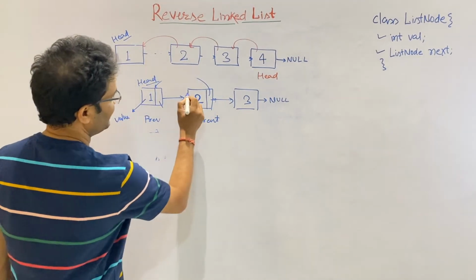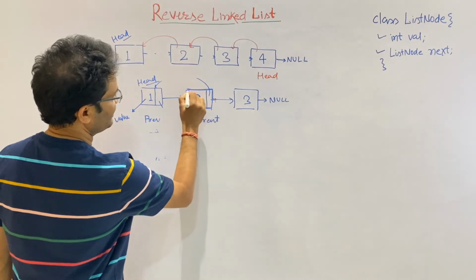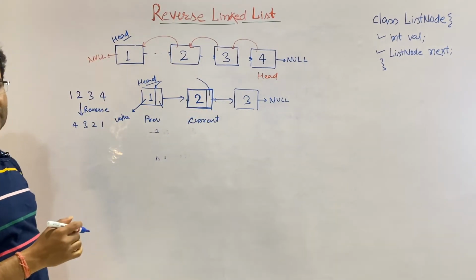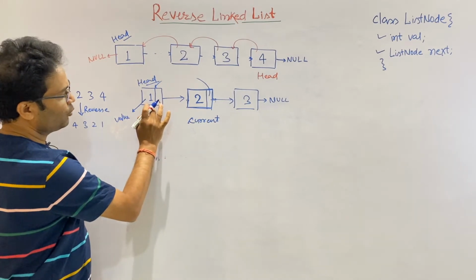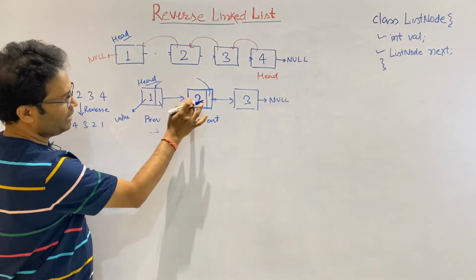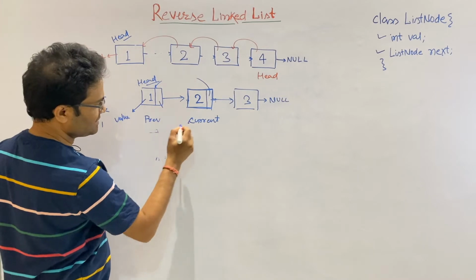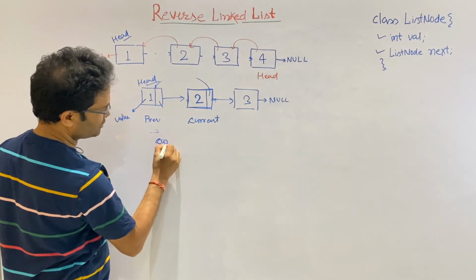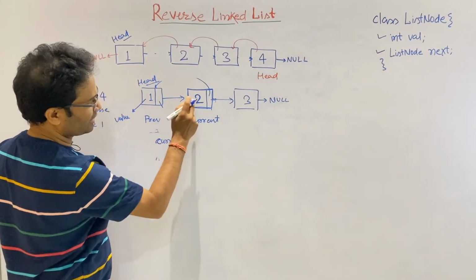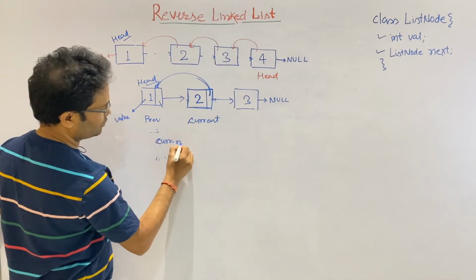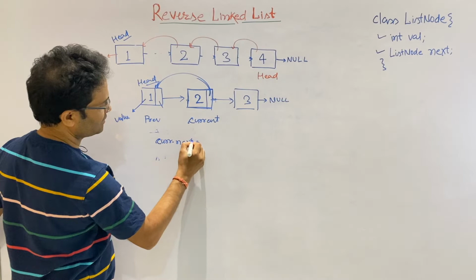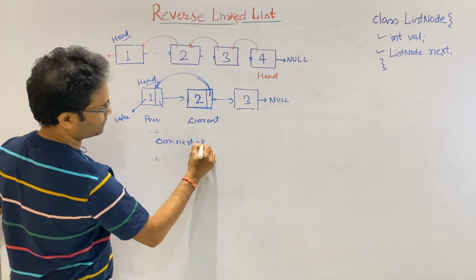So you are here, for the time being you understand, you are here and you have to reverse it. How will you do it? First, the connection is from 1 to 2, you have to make it 2 to 1. Means current, I am using the short form, current dot next. This next should come here. So current dot next is equal to previous.